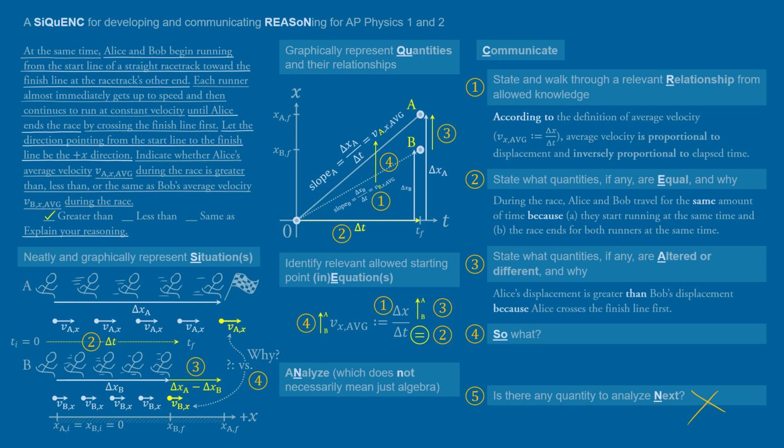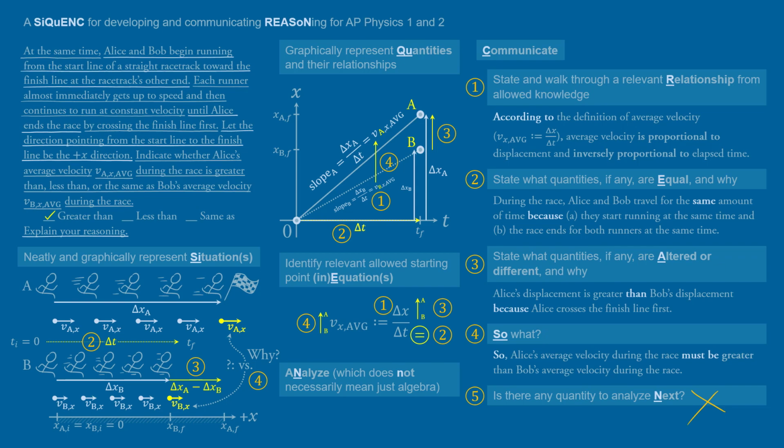Alice's displacement is greater than Bob's displacement because Alice crosses the finish line first. So Alice's average velocity during the race must be greater than Bob's average velocity during the race.